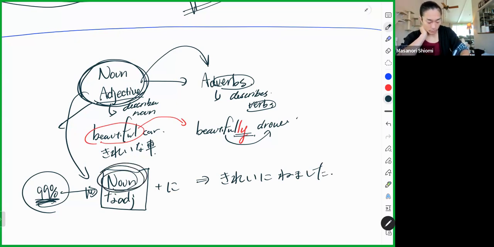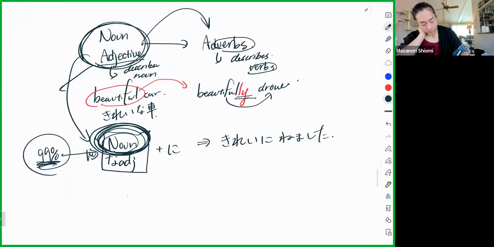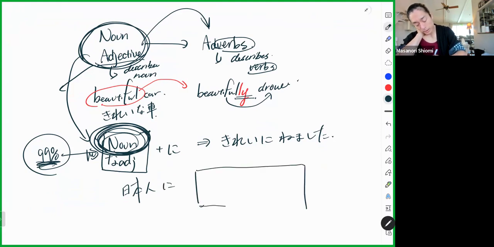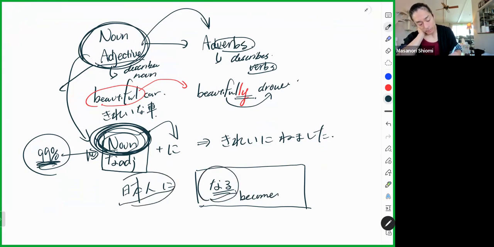Now, you might be wondering, what's the adverb version of a noun? This one's a little bit different from English, but for example, 日本人 is a noun, Japanese. に depends on what kind of verb we connect with. Usually with the noun adverb version, we connect with the verb なる, to become. So what would this mean? 日本人になる. I become Japanese.